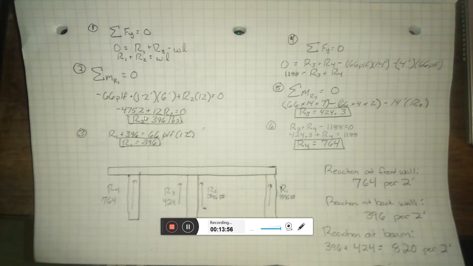And then you have all those reactionary forces, force 1, 2, 3, and 4. I have them down here. So you have 396, 396, 424, and 764. I also have it right here. And it's important that we notice that those are all per 2 feet because those rafters are 2 feet on center.